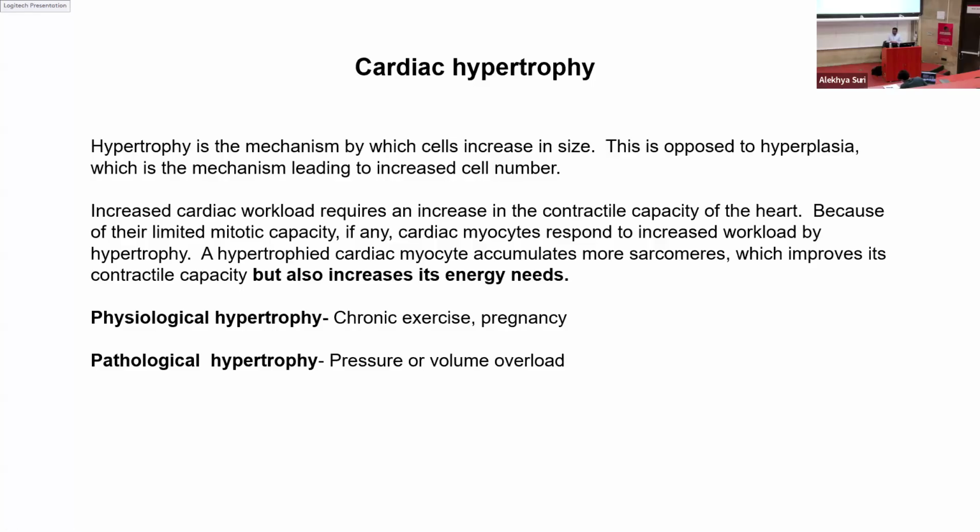So if you stress the heart, then the heart has to work more. Instead of dividing, because they are terminally differentiated, these myocytes undergo hypertrophy and become enlarged in size. This hypertrophy is mainly to increase the contractile capacity of the myocytes.